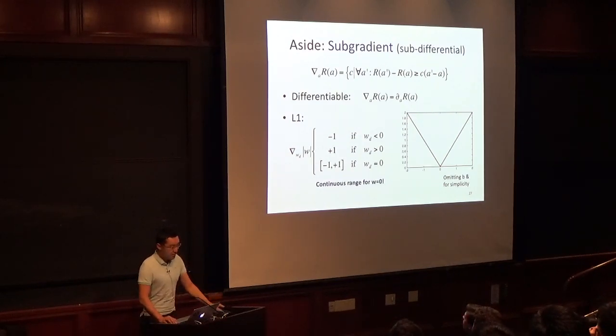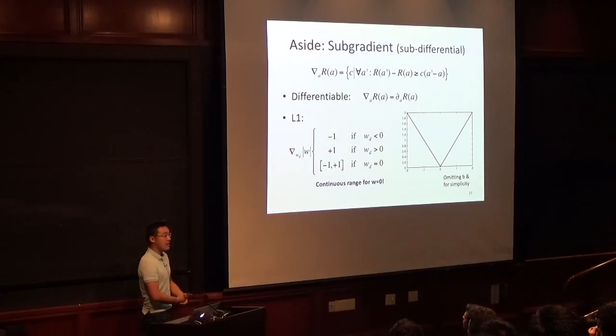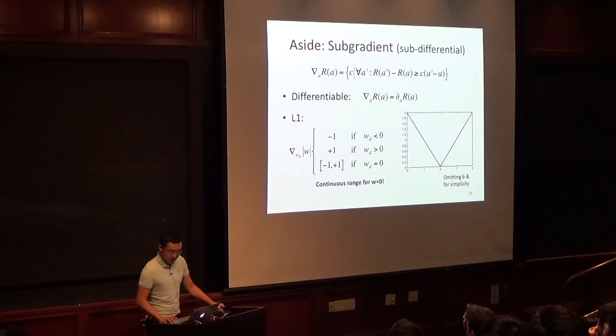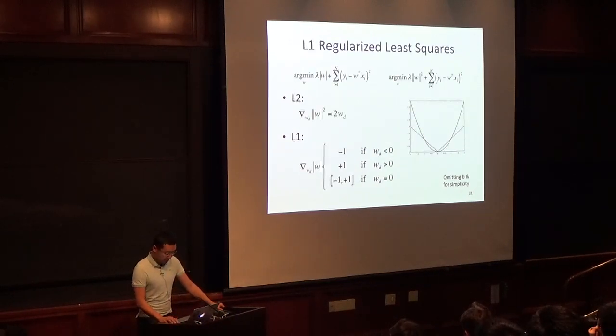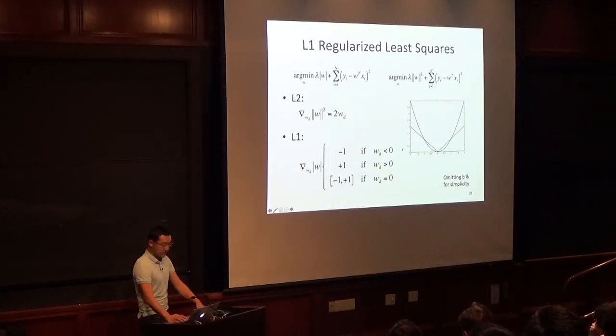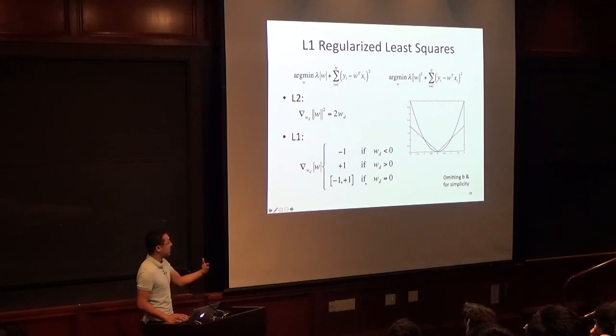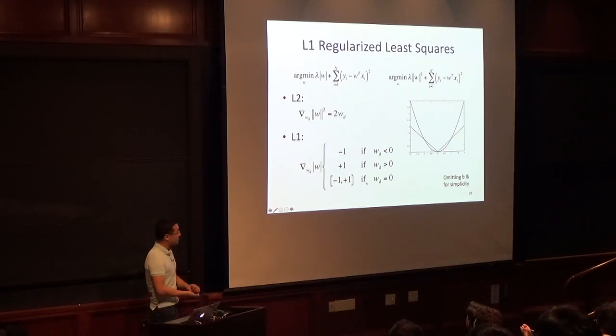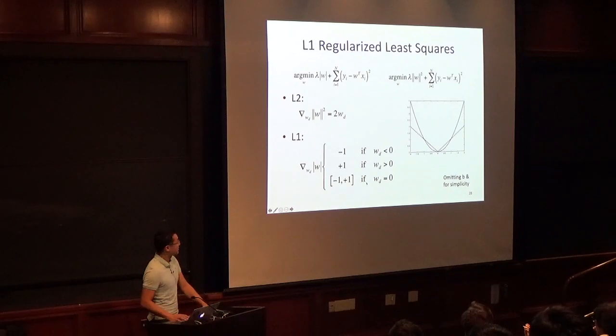There's an entire theory about convex analysis that deals with subgradients. It's beyond the scope of this class. The important thing is just that this is what a subgradient is for the purposes of this class, and this is how we take the subgradient of the L1 norm if you want to do gradient descent.